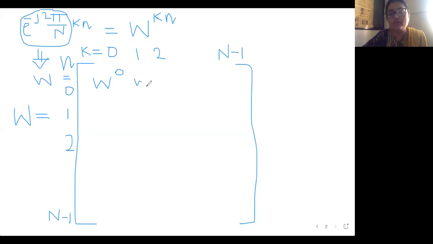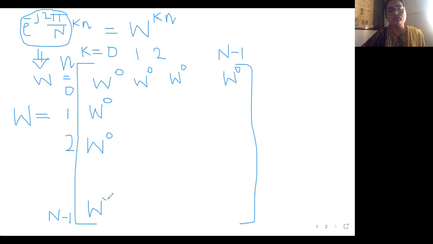We write w raised to 0, w raised to 0, up to the last value, which is also going to be 0 only, because 0 multiplied by n minus 1, anything multiplied by 0, is always 0. Similarly, for the first column we get w raised to 0 only, because k is 0. So the first column is also w raised to 0.